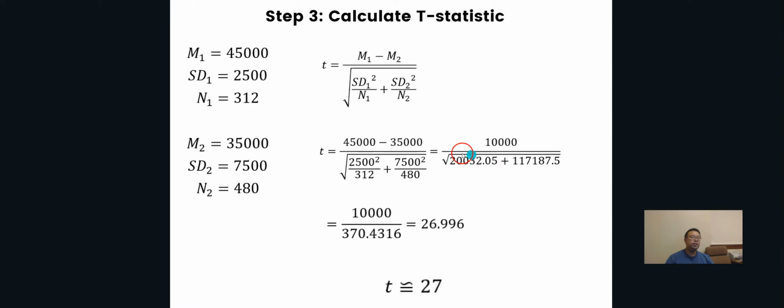After this calculation, there is 10,000 divided by the square root of this number. So after those calculations, we can find about 26.996. So after rounding off, it's around 27. So our t-statistic is 27 in our calculation.